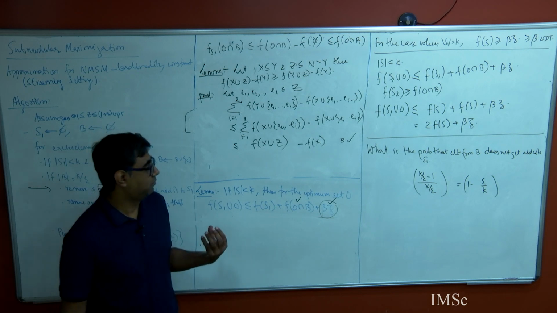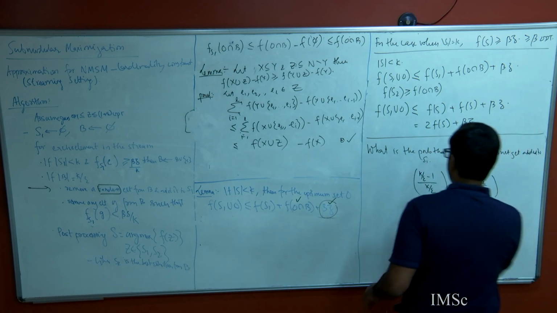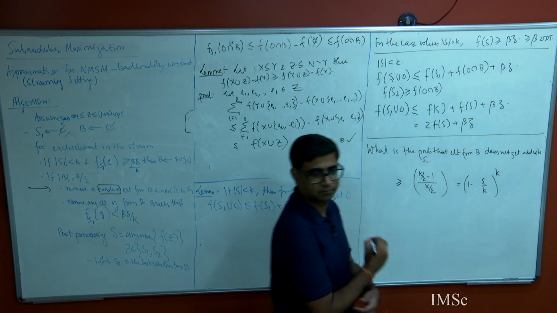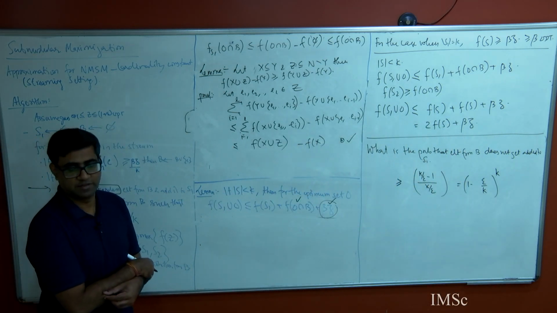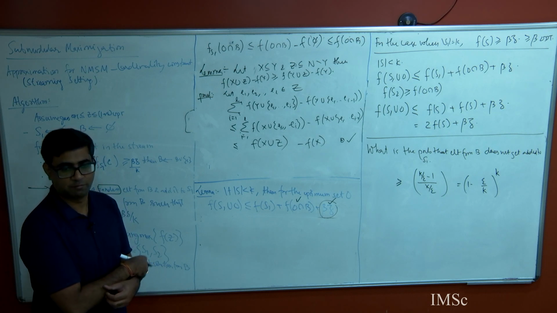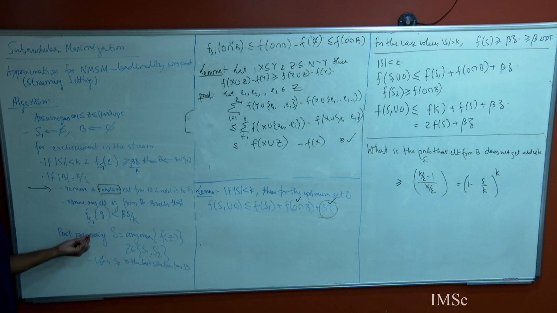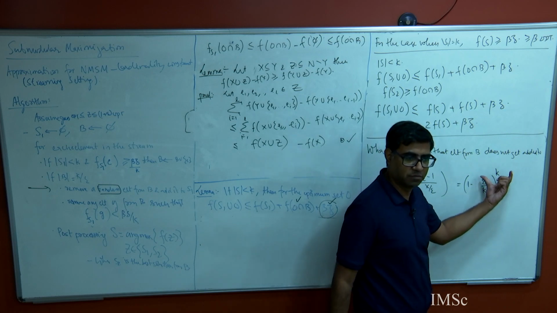So the probability that an element from B does not get added to S1 is at least this much. It may be more, but it is never less than this. Why? Because its probability will be 1 minus epsilon by K if it does not get added in the first round. If it does not get added in the second round and is thrown out, then its probability remains this, which is larger than this number.